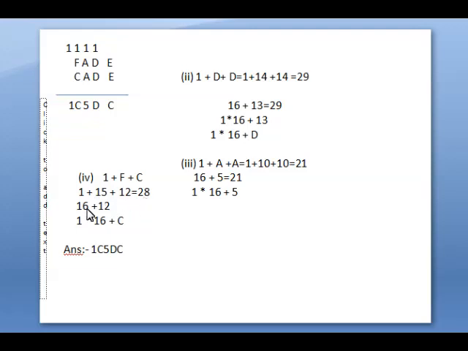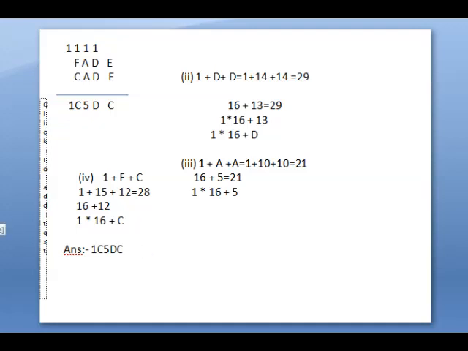That is 16 plus 12. So we split this number 28 as 16 plus 12, 1 into 16 plus C. So C is the sum and again 1 is the carry. There is no other number to add. So our answer is 1C5DC to the base 16.